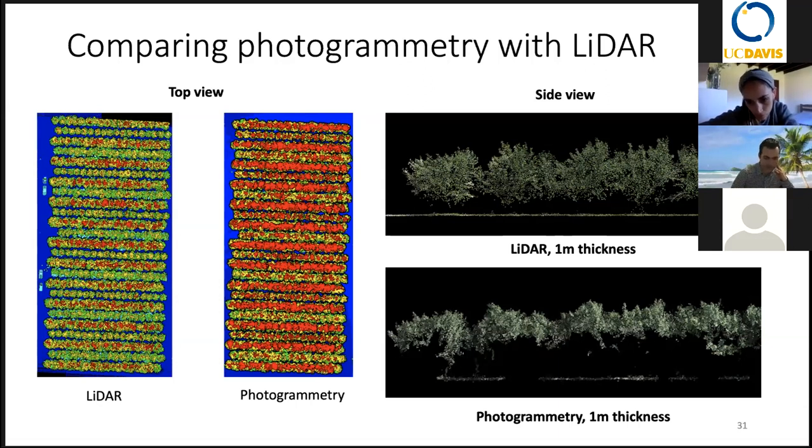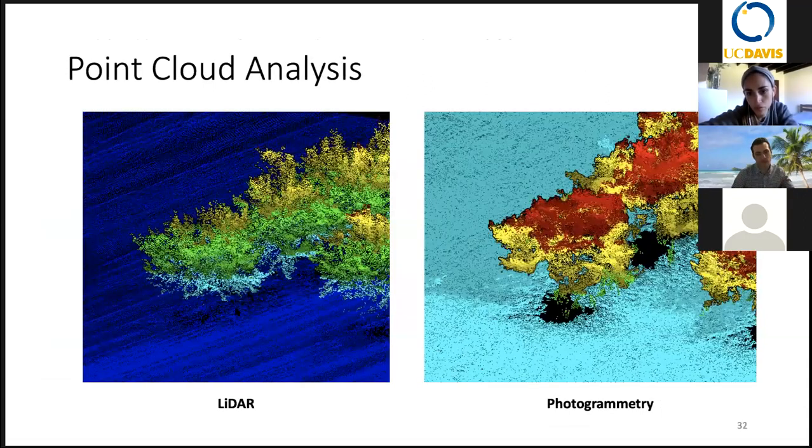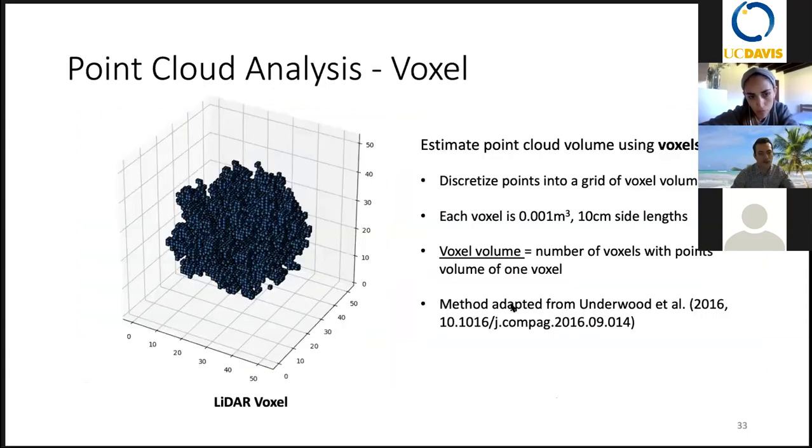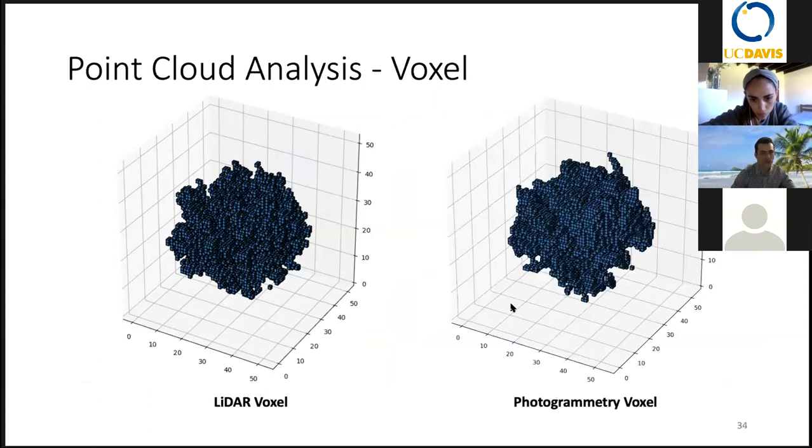Let's take a look. This is also another 3D model representation of a point cloud generated by LiDAR and photogrammetry. We can see they look very similar. We used a method to calculate volume using LiDAR data and also photogrammetry, and see how they match. This is one method.